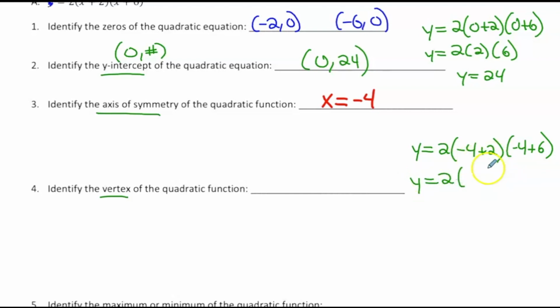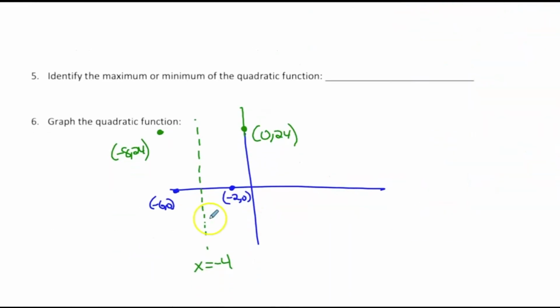So we have -4 plus 2 is -2, -4 plus 6 is +2. If we multiply 2 times -2 times 2, that'll give us -8. So that gives us our x-coordinate and our y-coordinate of the vertex. So then we can plot that, -4, -8.